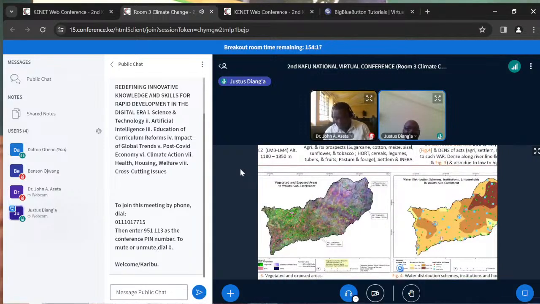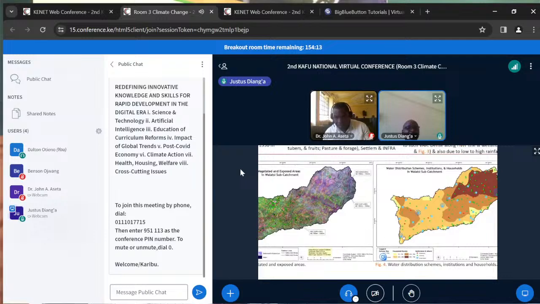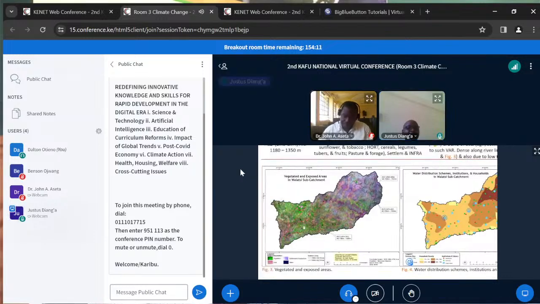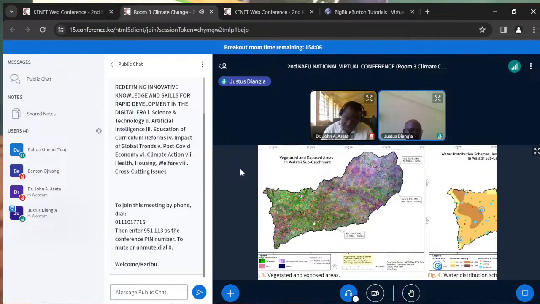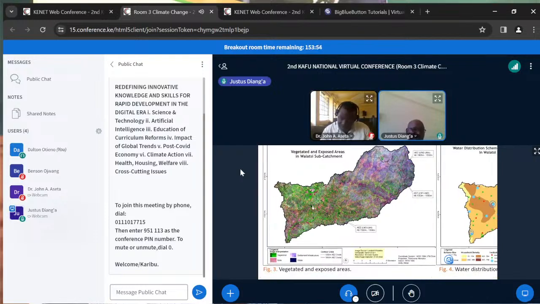You see from the household distribution map, the more vegetation you are seeing here is because they are following the river network. These are vegetations along the river and tributaries. The light greens are mostly shrubs.